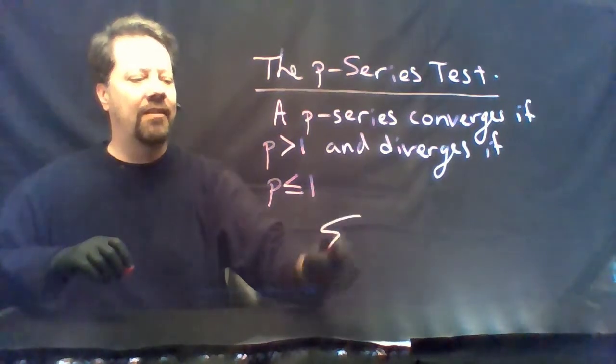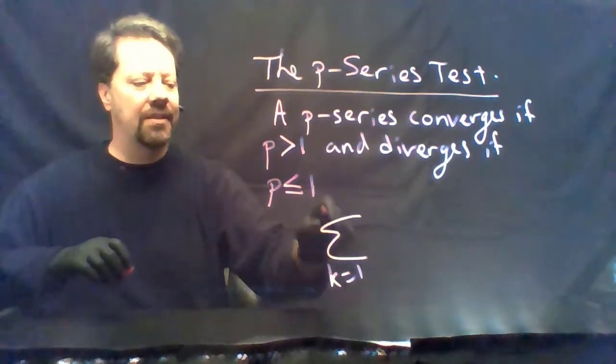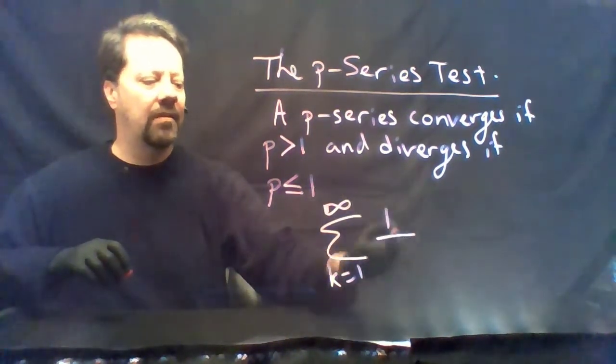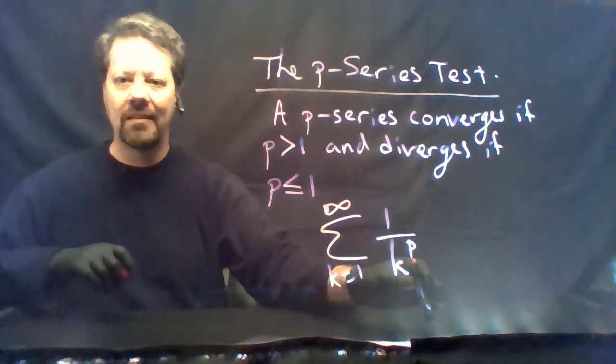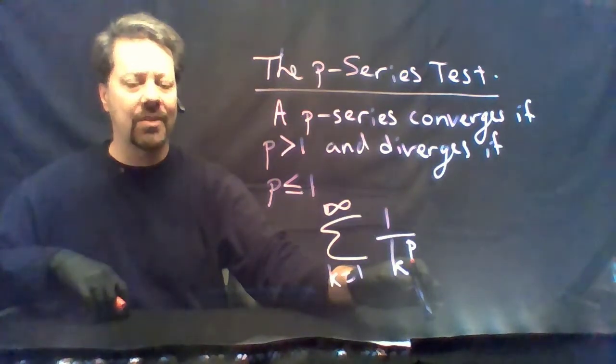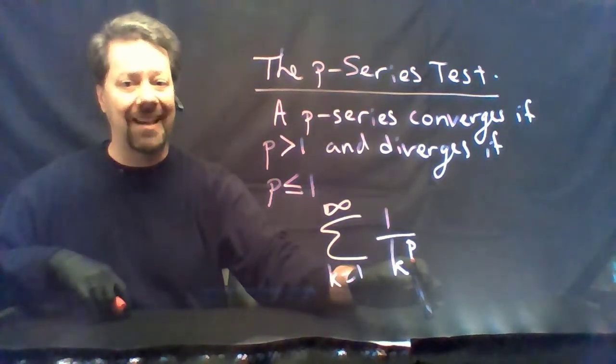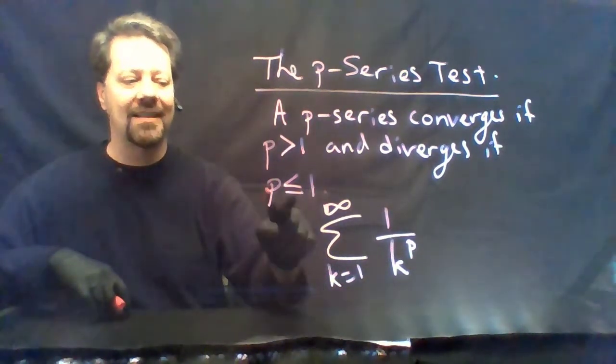Notice that if I have a p-series, and if p is equal to 1, then it is the harmonic series, which we have already shown diverges. That's in this case here.